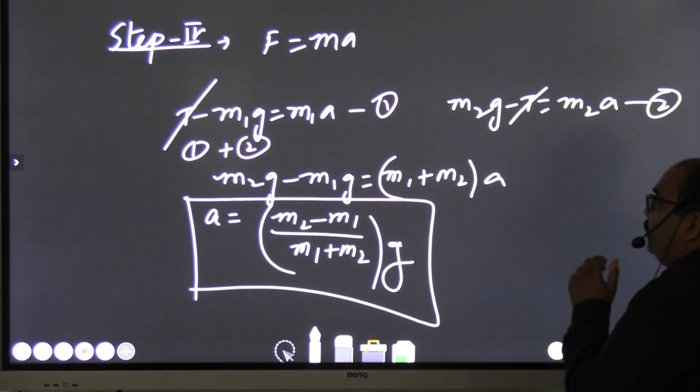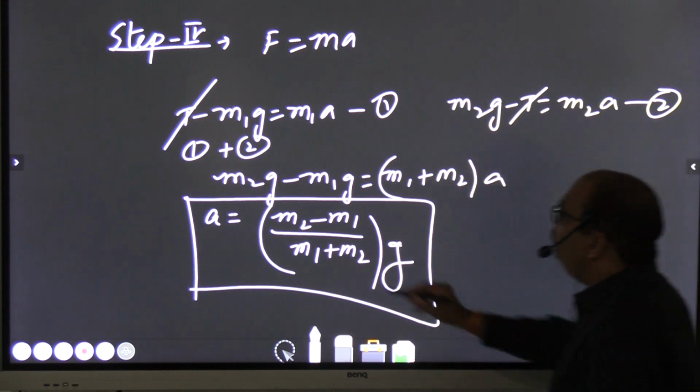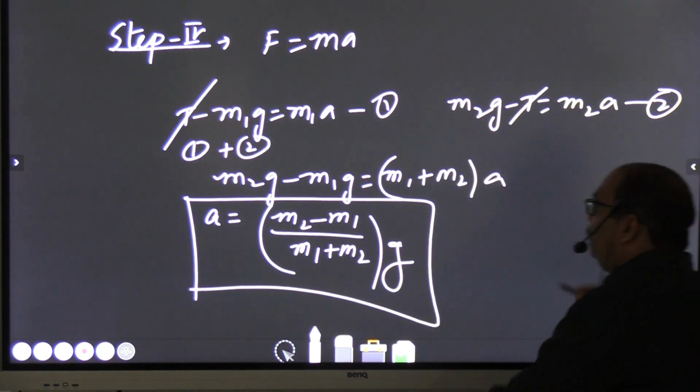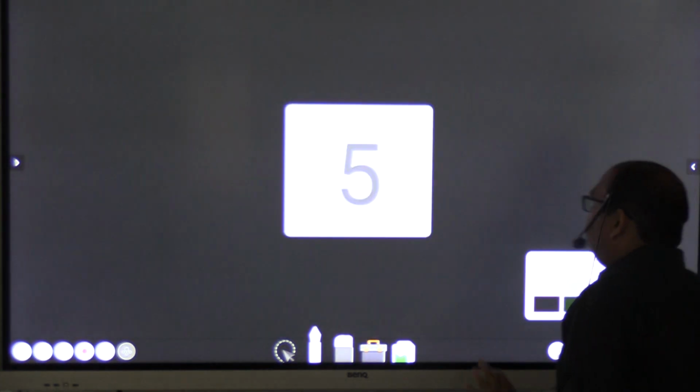Now the second part, what is the tension? To find the tension, let us take any of the equations, either T minus M1G is equal to M1A. This is quite easier. So putting the value of acceleration in equation number 1, you will get the answer of tension, right?